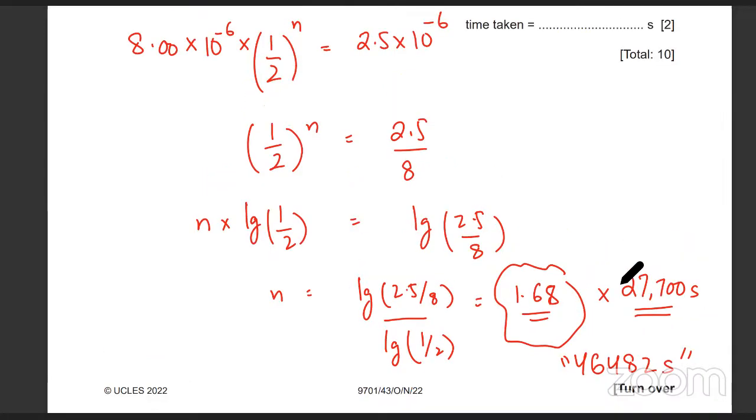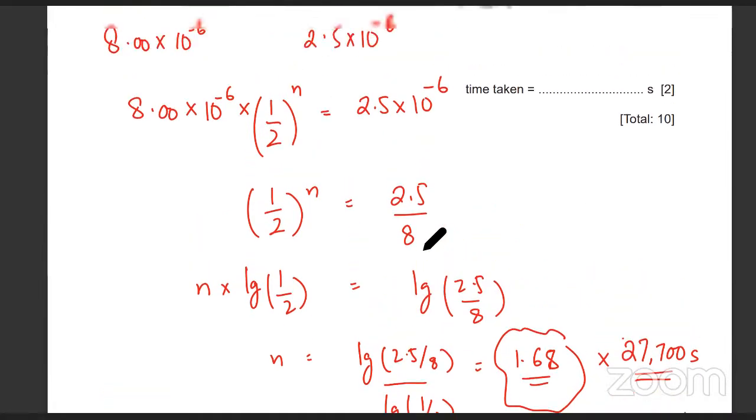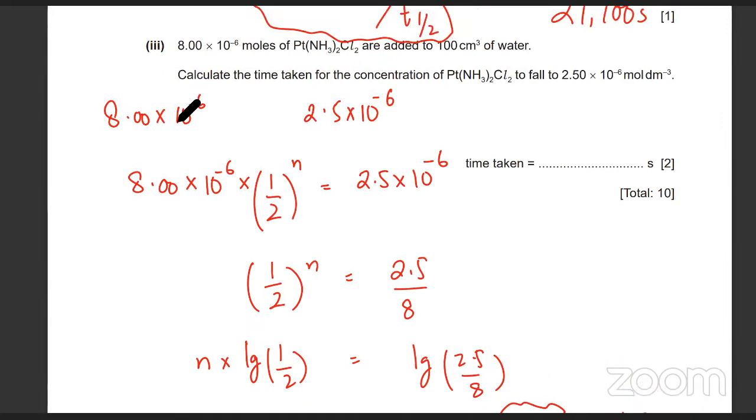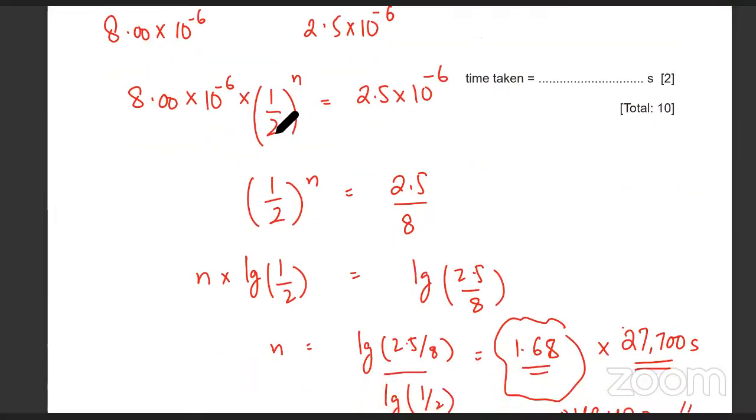But anyways, for this you had to go into log, because there's no other way to figure out what n is. First half-life, it's going to decrease to 4. Second half-life, it's going to decrease to 2. It won't decrease to 2.5. You don't know how many half-lives, so that's n, the power. 8 into 10 power minus 6, how many times it's going to be halved, the answer should be equal to 2.5 times 10 power minus 6.